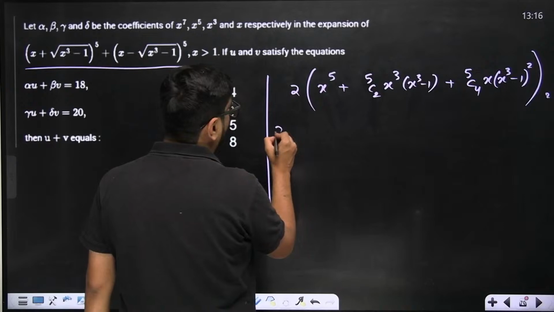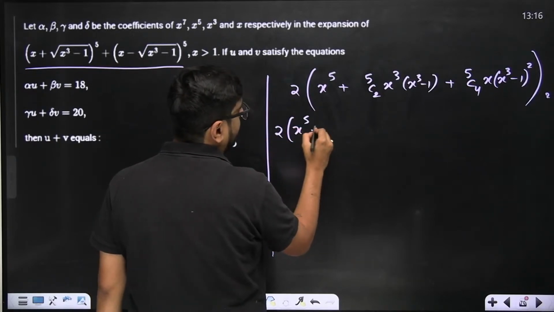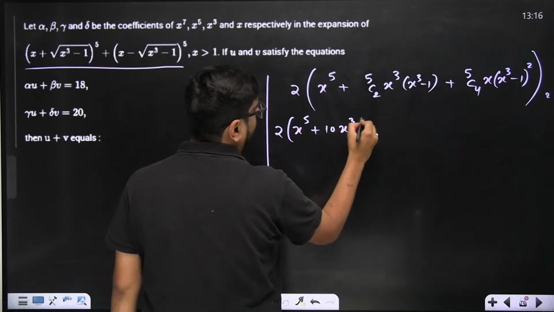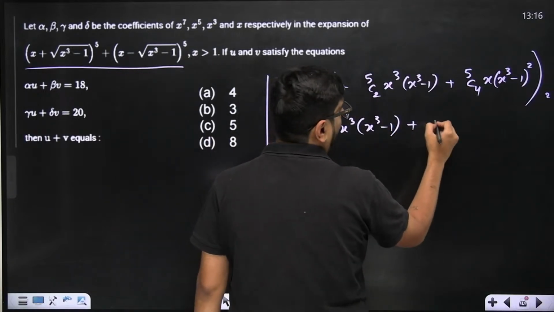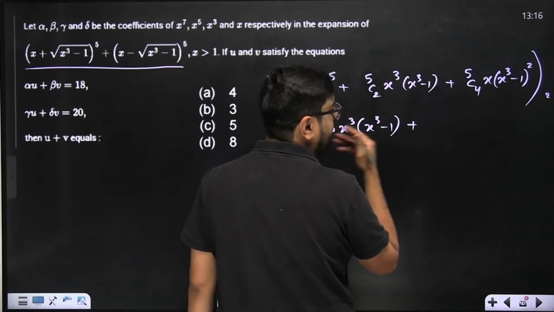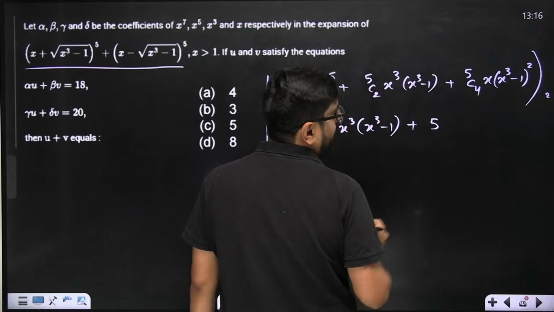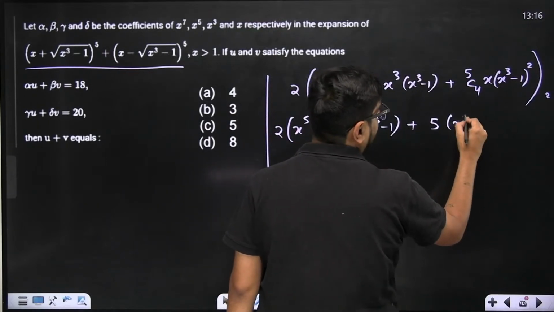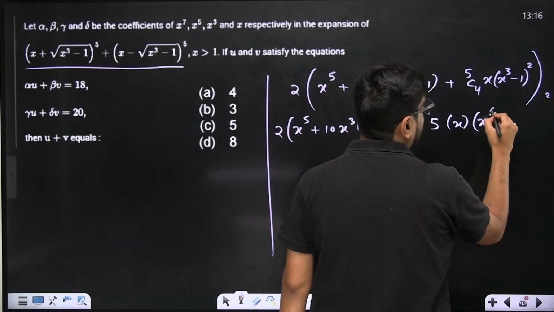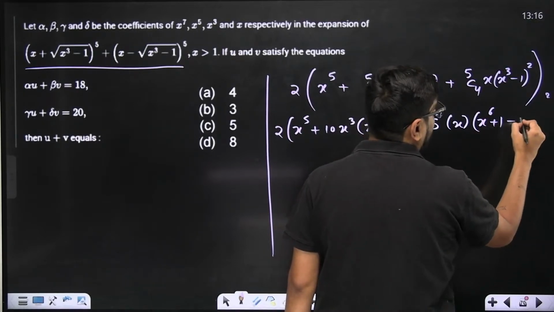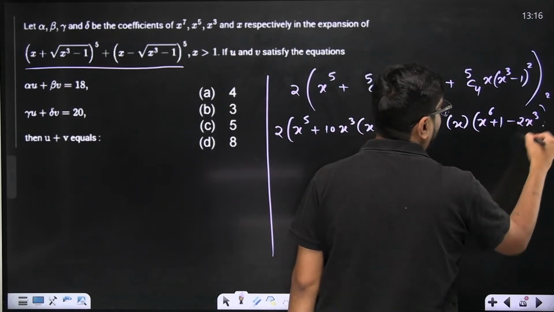So, this is 2 multiplied with x to the power 5 plus 10 x cube multiplied with x cube minus 1 plus 1. 5c4 will also be 5c1. So, this is 5 only, right? 5x multiplied with x cube minus 1 whole square. So, x to the power 6 plus 1 minus 2x cube.